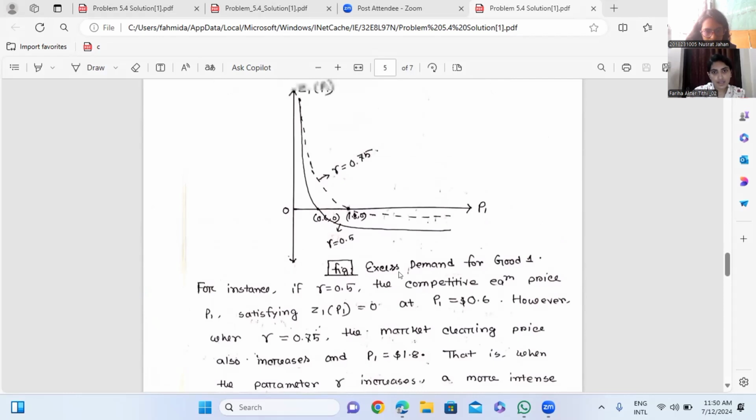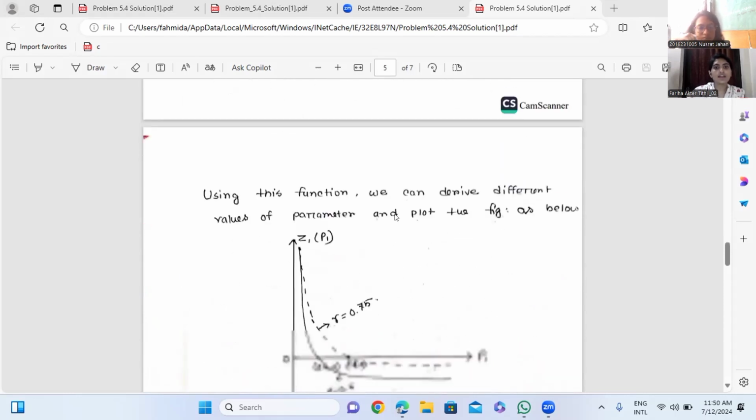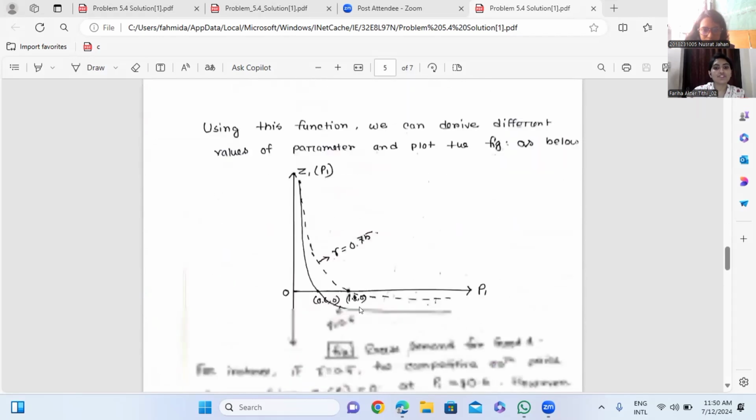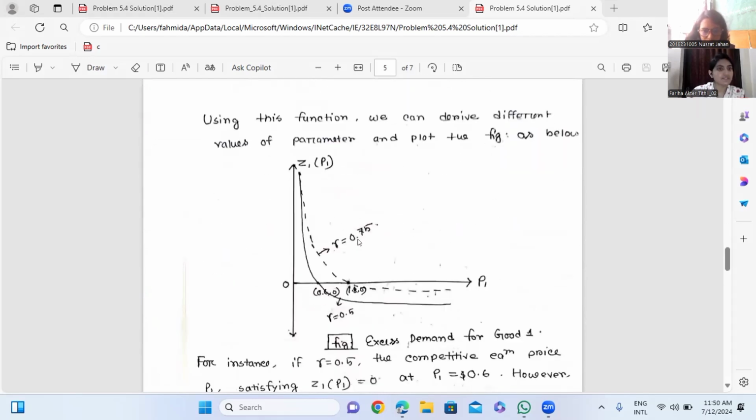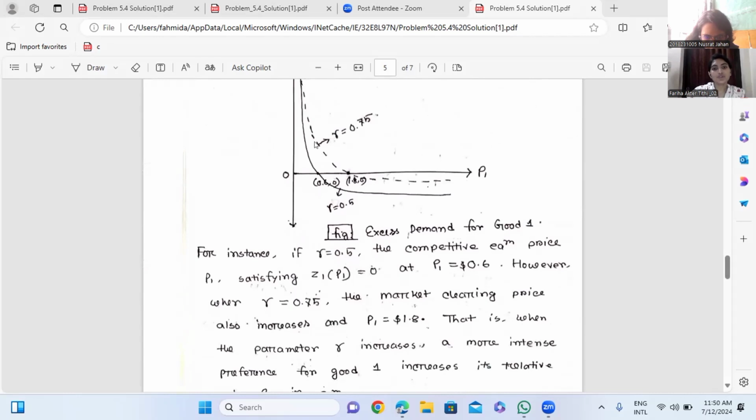So we can fix the value of gamma at different values. Like I can use two values, gamma 0.5 and gamma 0.75. For these two gammas, we find the excess demand function like this. Here for gamma is 0.5, the excess demand is 0 when P1 is 0.6.